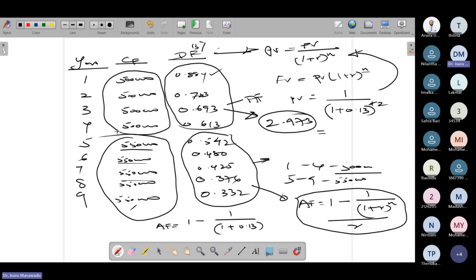First, take up to the 4th year, so n is 4, divided by 0.13. Now you can take the answer. Through a scientific calculator, you can directly get the answer using such equations. So it's easy to calculate like this.